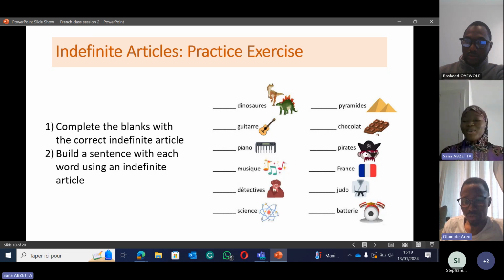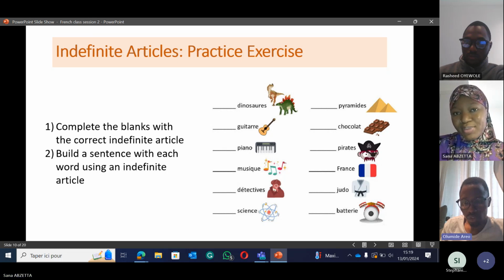Here, visiter is the verb. If you want to say I am a visitor, you say je suis un visiteur. Okay, je suis un visiteur. Oui, je suis. It means je suis en France. Thank you.